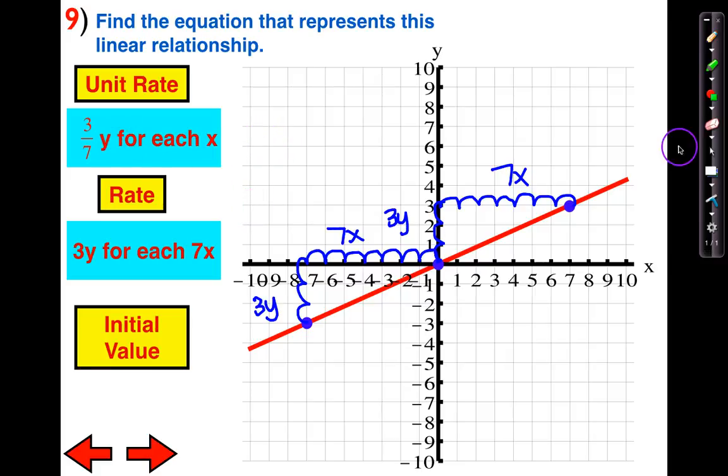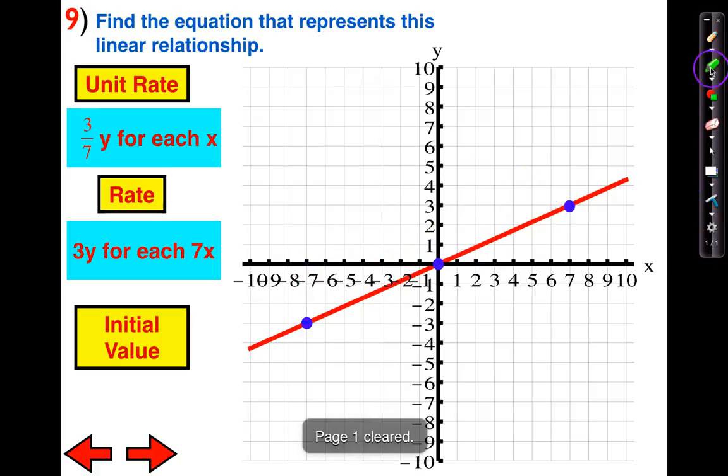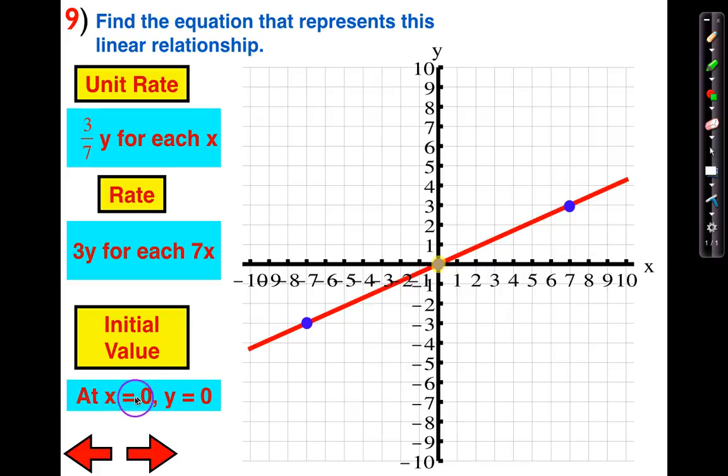Now let's take a look at our initial value. We need to check when x is 0, what is y? Well, when x is 0, y is also 0. So at x equals 0, y equals 0. Hopefully here you're able to recognize this is a proportional relationship. Why? Because it's linear, and not only that, but it also goes through the origin, 0, 0.